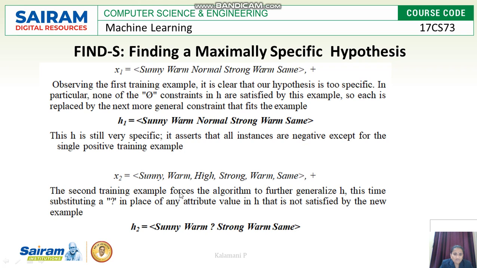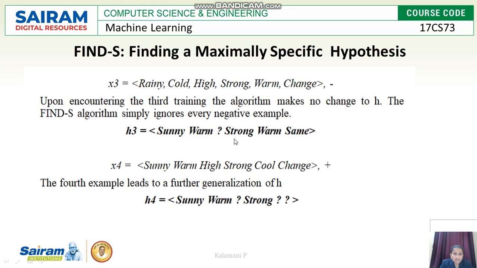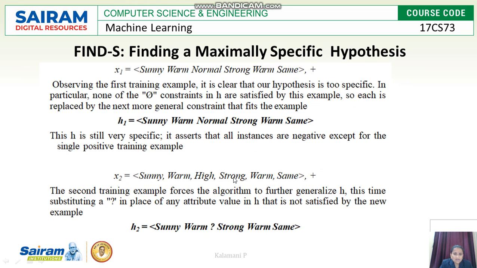Next we have normal and high; it can take normal or high for enjoying the water sport game, so it can take any value: question mark. Next is strong, so strong. Next warm, then same. Now h2 is more general compared to h1.